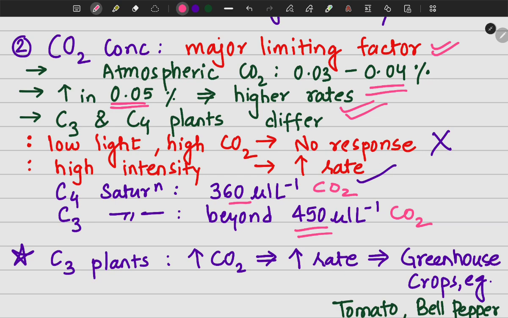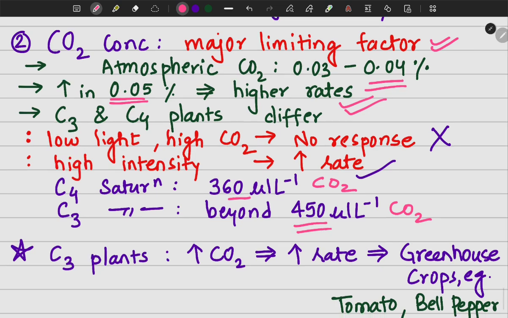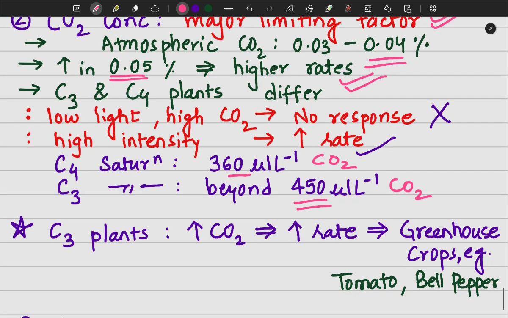But C3 plants have no such adaptation, and therefore they attain saturation at a bit larger concentration, that is 450 microliter per liter of carbon dioxide. Alright, and because of this property that C3 plants show an increase in the rate of photosynthesis when the carbon dioxide concentration is increased, therefore the C3 plants are grown in greenhouses.